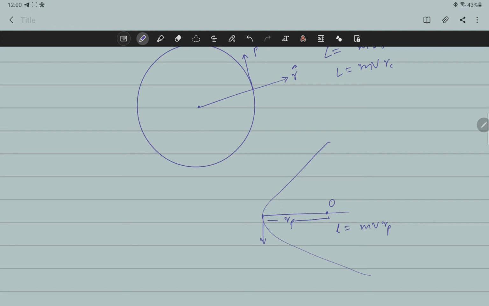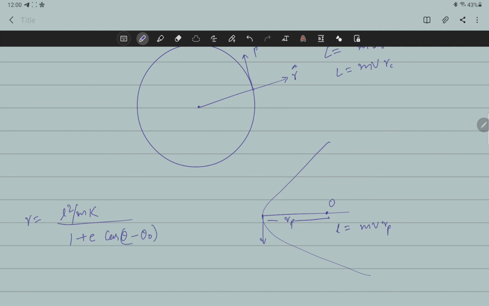So if a particle moves under a central force, its trajectory is given by the relation r is equal to L square by mk, divided by 1 plus e cos of theta minus theta naught.